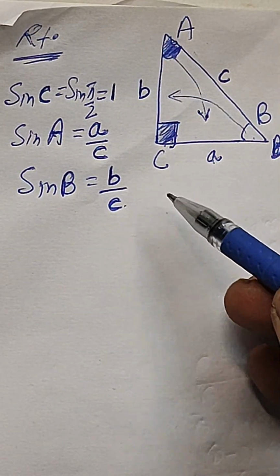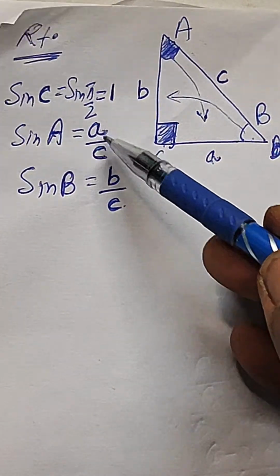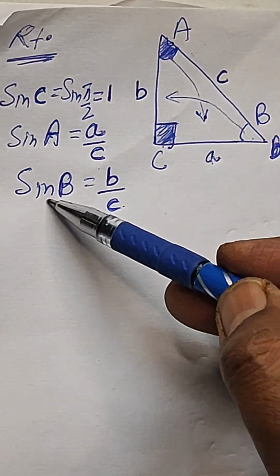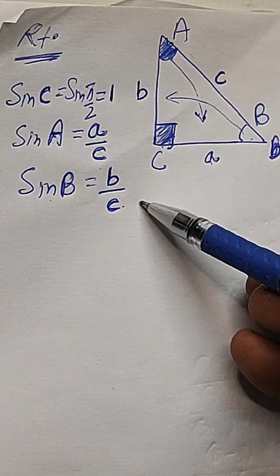So from here we get sine A as A by C, and from here we get sine B as B by C.